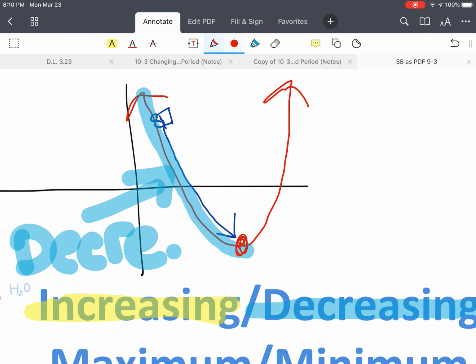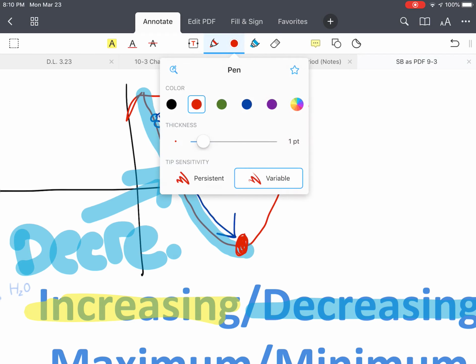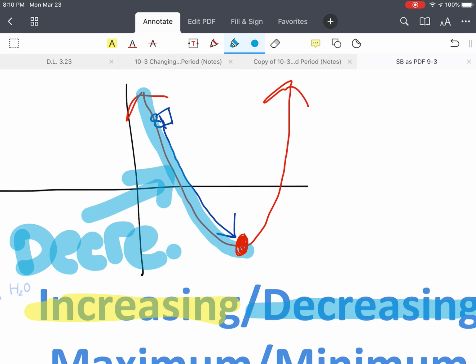If you think about being on a roller coaster for a split second at the bottom of a hill or the top of a hill, you kind of stop. And then right after the vertex is where we are going to be increasing. So this whole section, we are increasing, going back up.